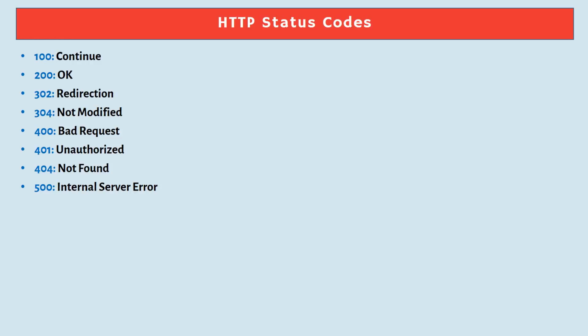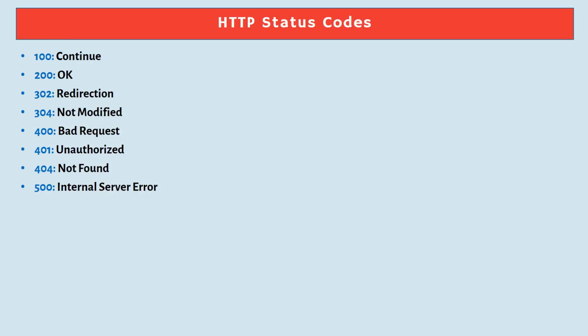That means the content is already cached in the browser memory, so we need not send the content freshly from the server. 400 indicates bad request. That means sufficient data is not passed from browser to server, or the request message is in a bad format. 401 indicates unauthorized, meaning the user does not have proper rights to access the content.